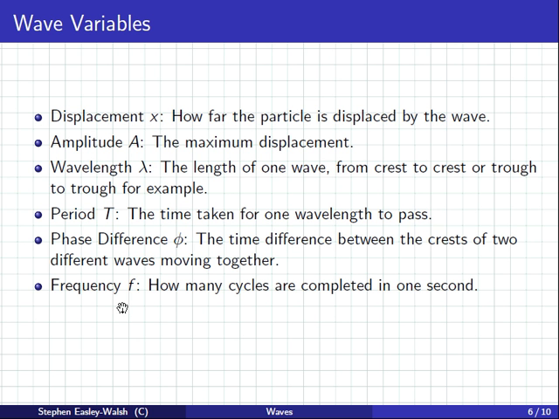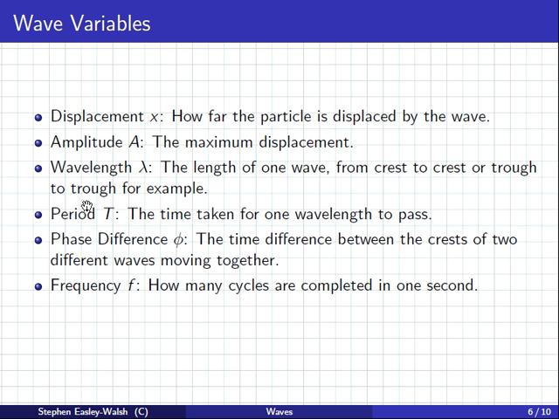So, what's the unit for frequency? Do you remember? Hertz, yeah. And wavelength, what do you think the unit would be? Look at the definition. Meters, yeah. Amplitude's unit? Meters. Displacement? Meters. Period? Seconds. Phase difference? Seconds.